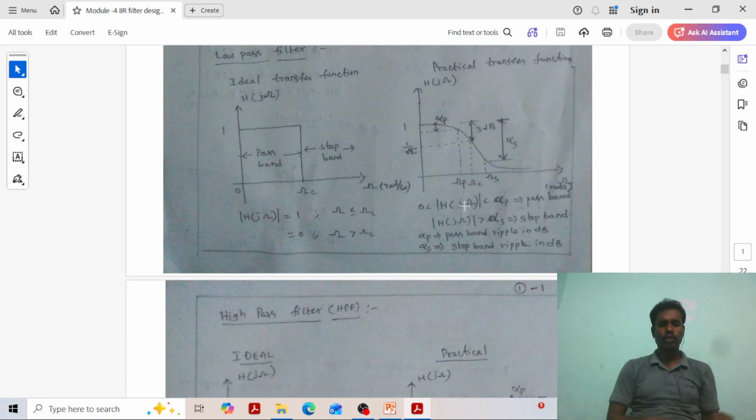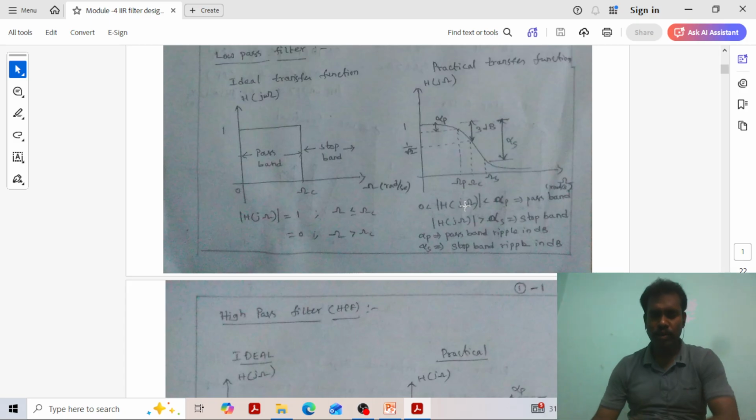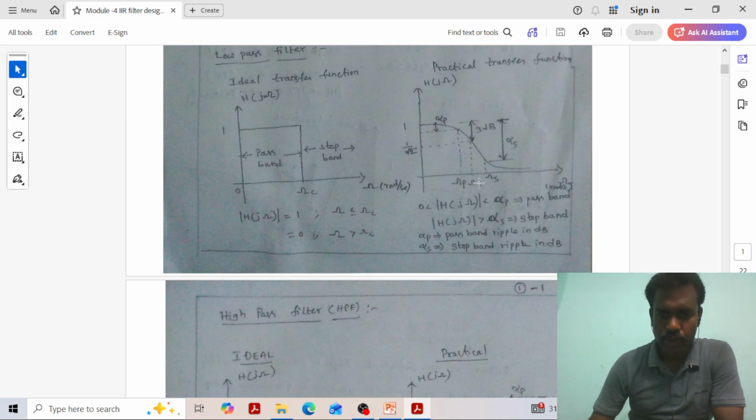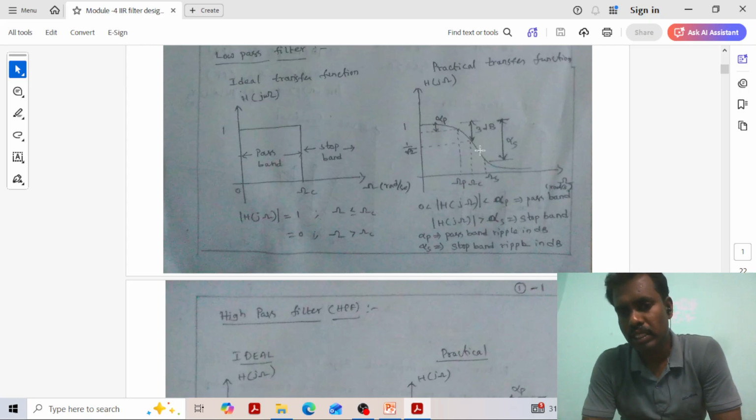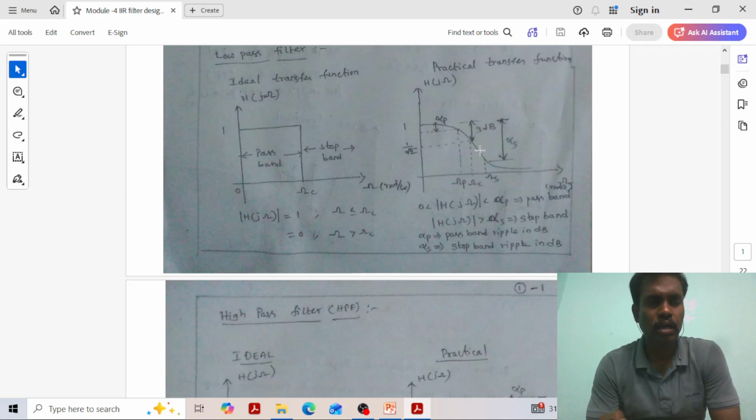And similarly, the stop band frequency. Generally, the region above the cutoff frequency we consider as the stop band. But I don't want 50% of the input signal to appear at the output in the stop band. I want it completely suppressed; I can allow up to some 5%.